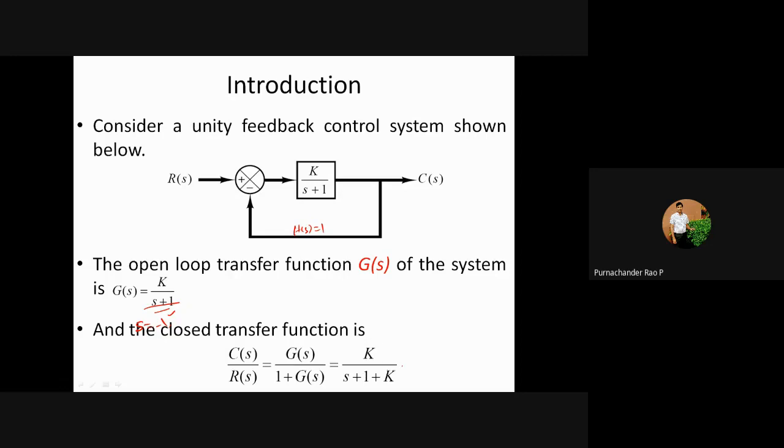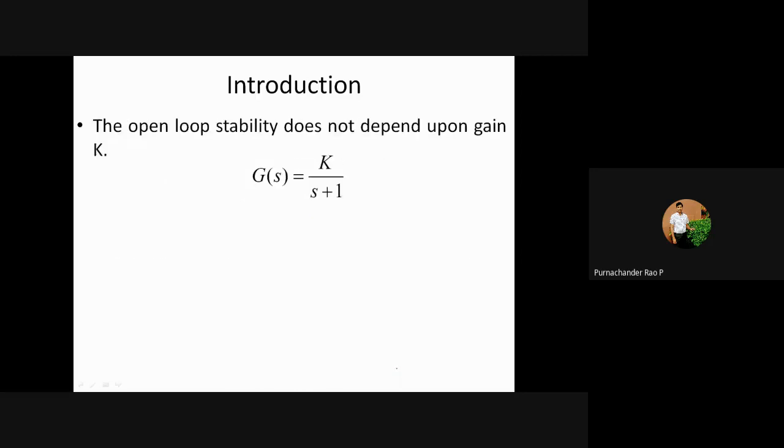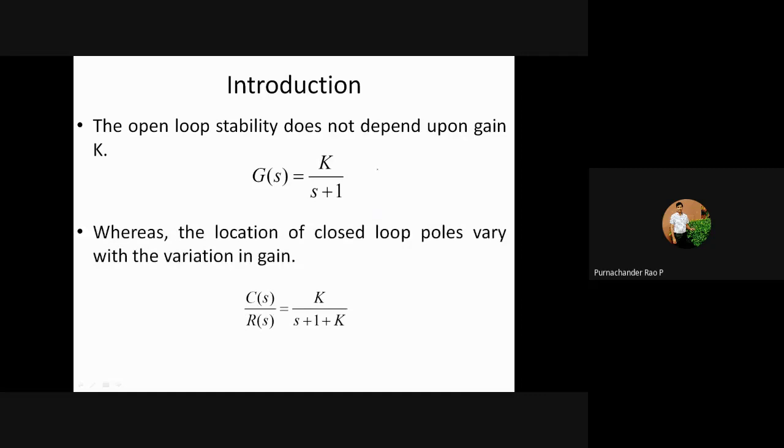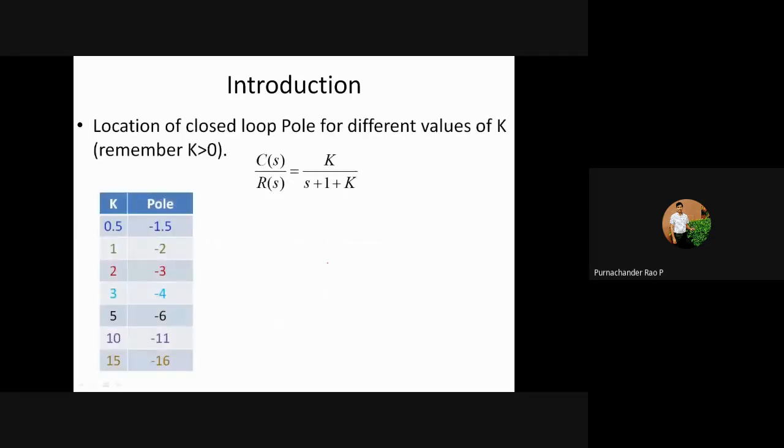From this you can see that the open loop pole is at s equal to minus 1, but the closed loop pole is at s equal to minus 1 plus K, that is, s equal to minus of (1 plus K).